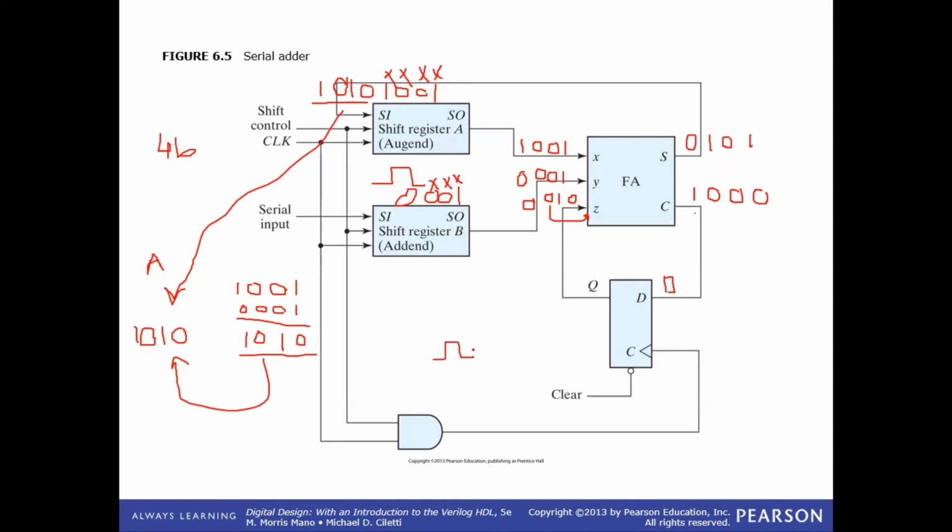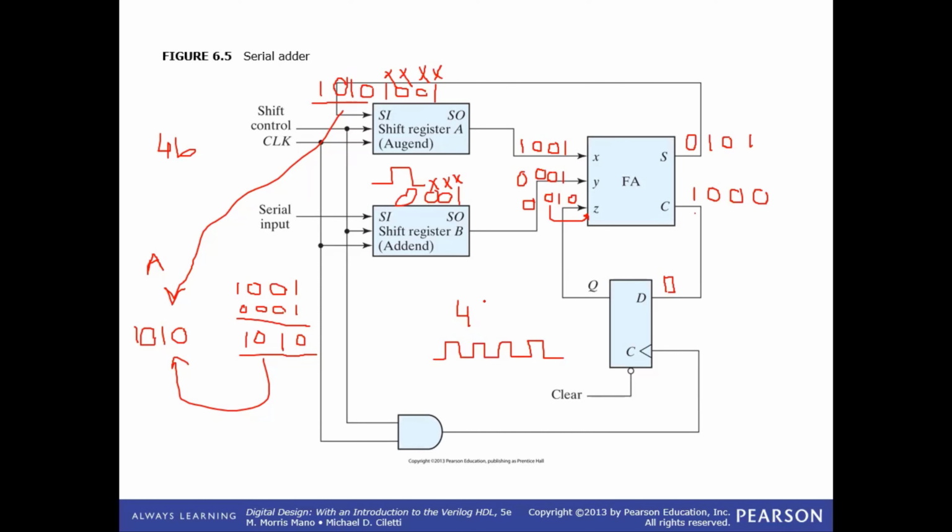Difference is for adding 4-bit numbers, we had to toggle the clock 4 times. We had to have 4 positive edges of the clock. Am I right? Yes, sir.